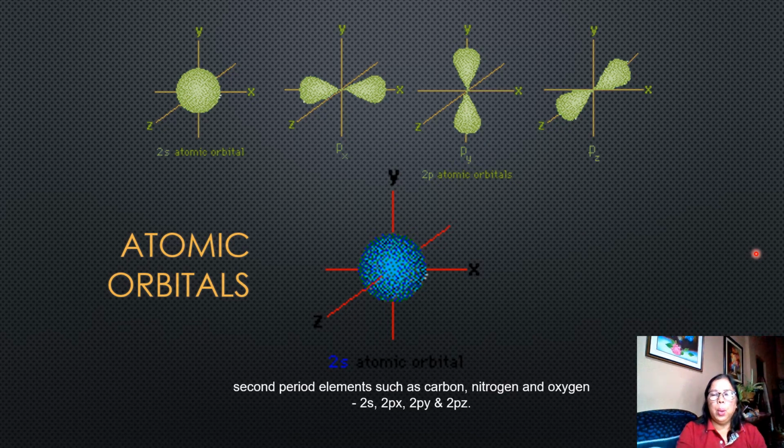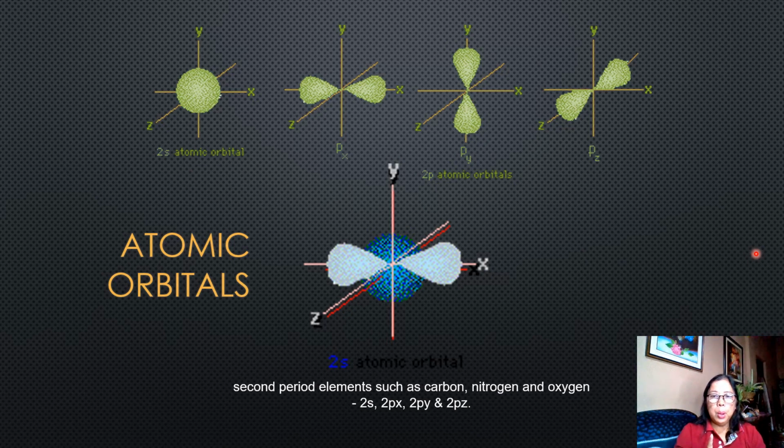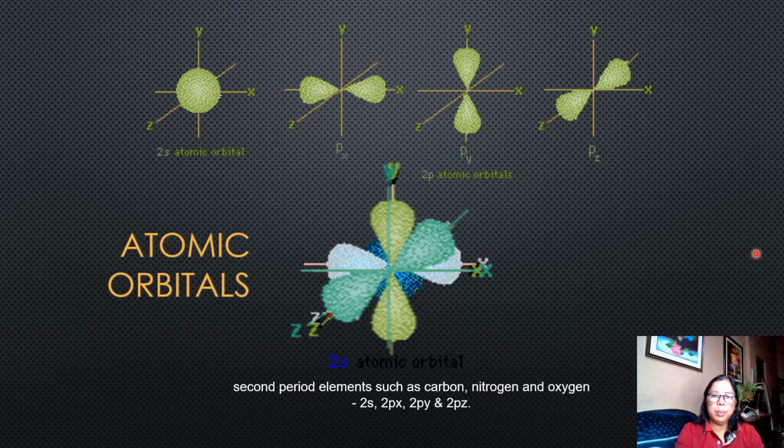So that when placed in its proper structure, you can see here the dark blue as the s, and then you can see here the px, and then you have the py, and then you have the pz. Second period elements, like your carbon, nitrogen, and oxygen, follow these atomic orbitals.